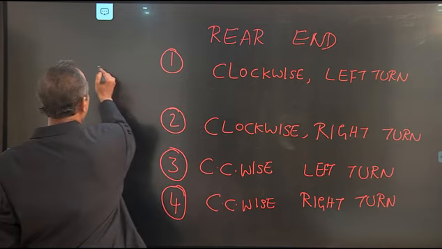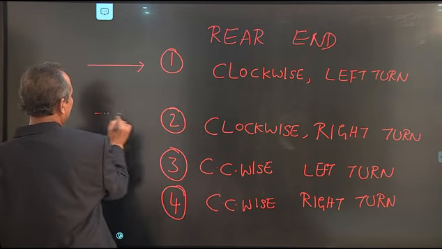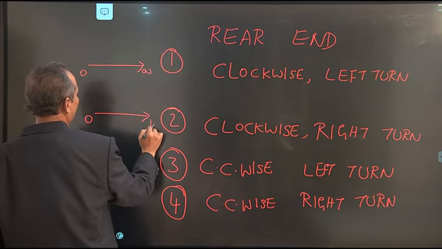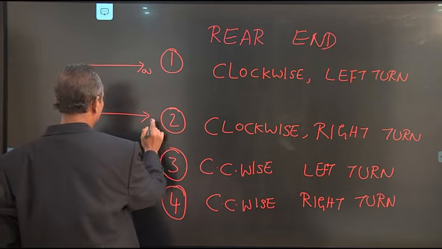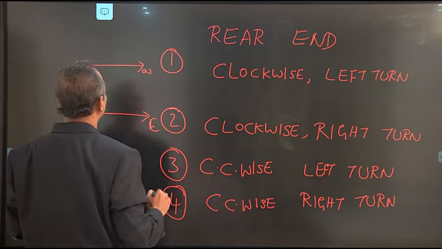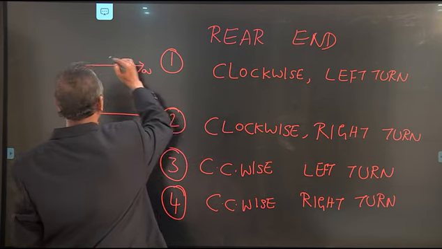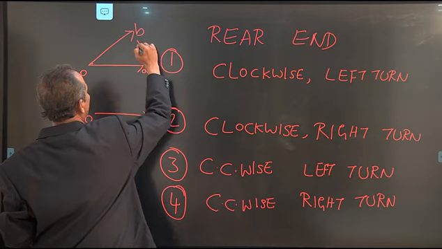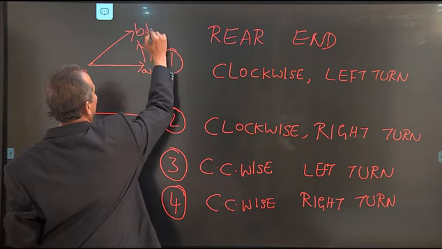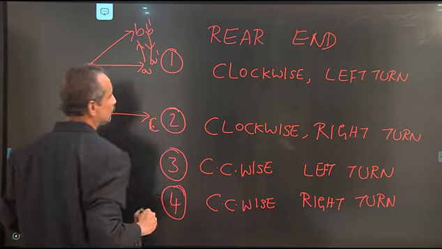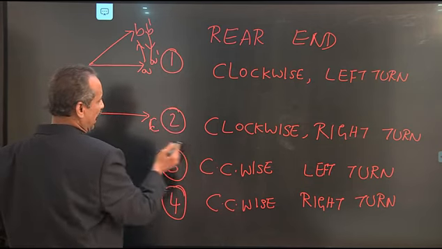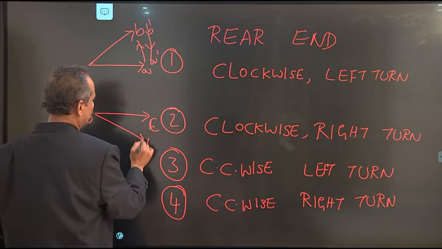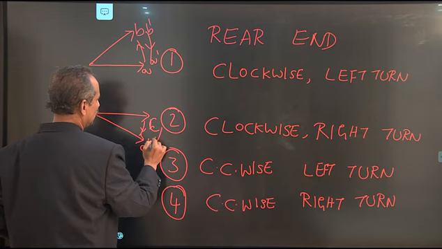So in these 2 cases, spin vector is like this, OA, like OC. Then in this case a left turn, active gyroscopic couple, reactive gyroscopic couple. And in this case, clockwise spin axis, a right turn. This is active, reactive.